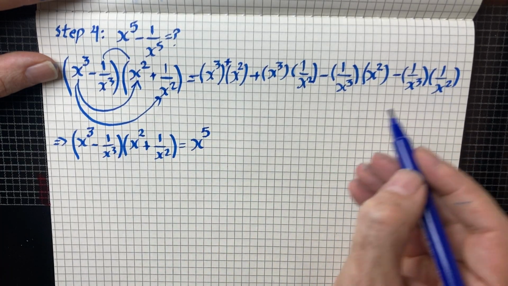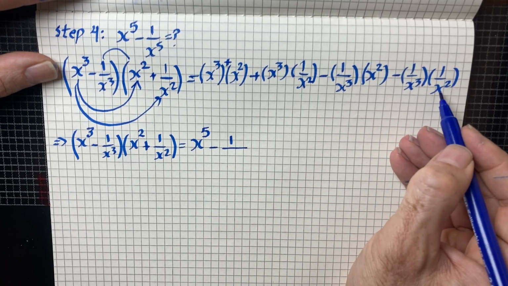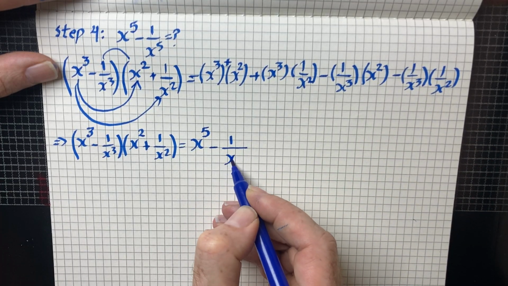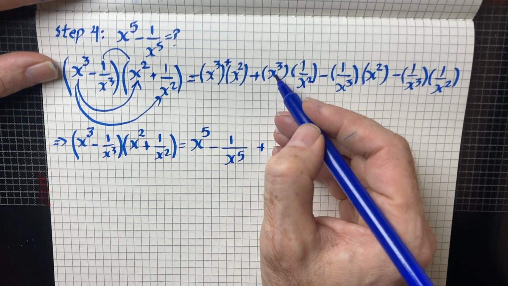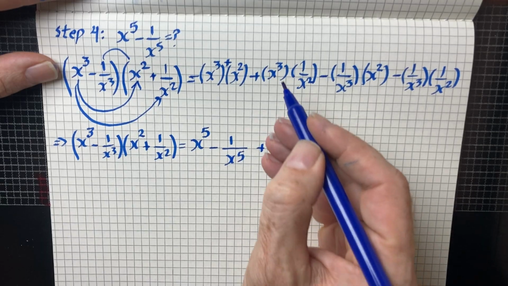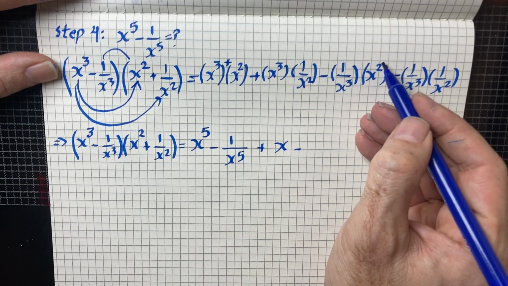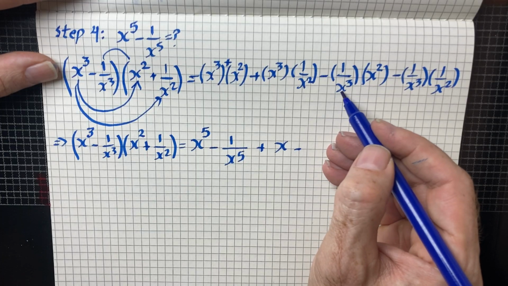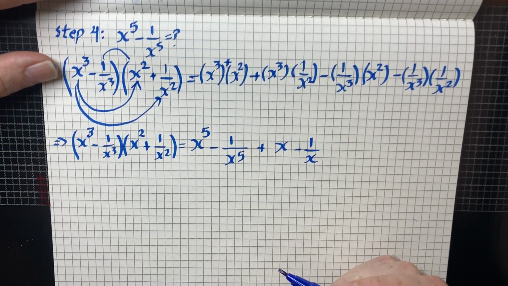Now, let me write this one. Minus 1 over x cubed times x to the power of 2, x to the power of 5. Next, this one. X to the power of 3 over x to the power of 2 is going to be x to the power of 3 minus 2, or 1. Minus x to the power of 2 over x to the power of 3 is going to be 1 over x.